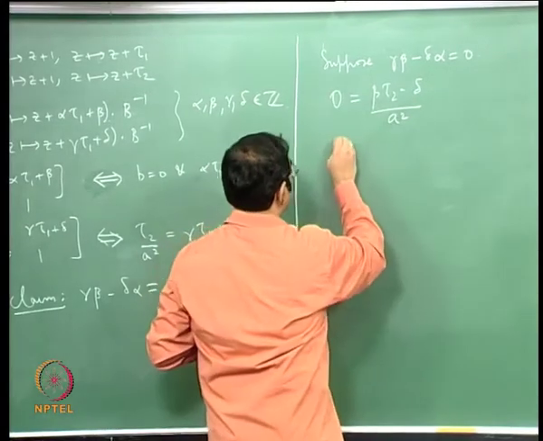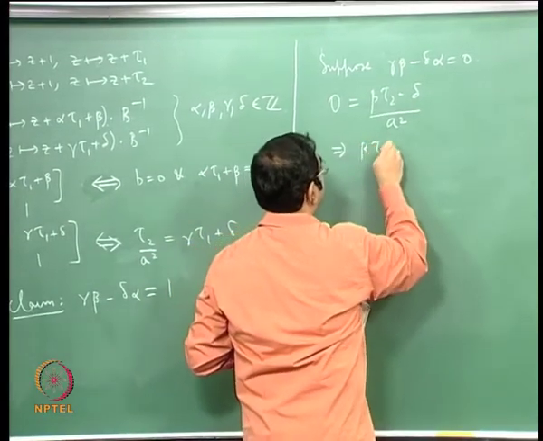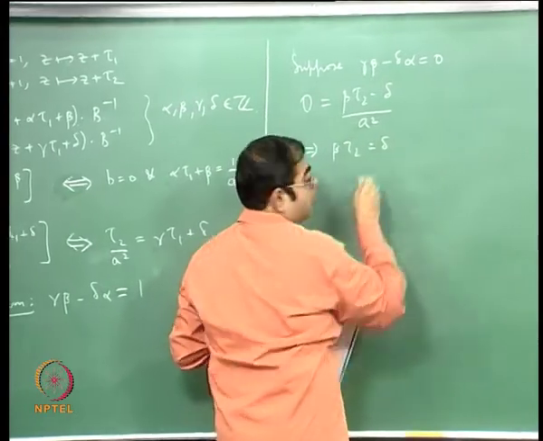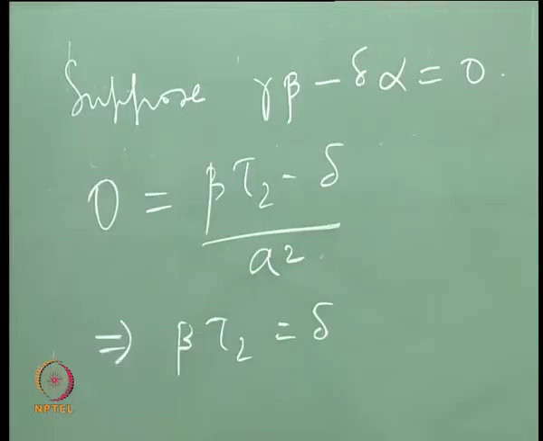But this will tell you that beta tau 2 is delta, which is impossible because beta is an integer, delta is an integer, tau 2 is a complex number. If beta is not 0, it will tell you that tau 2 is a rational number, a real number for that matter, which it is not because tau 2 is imaginary.